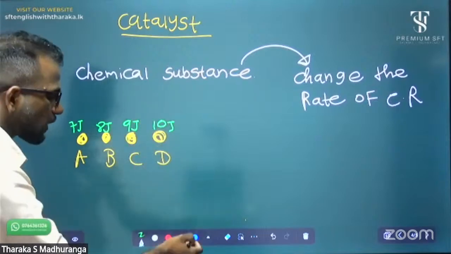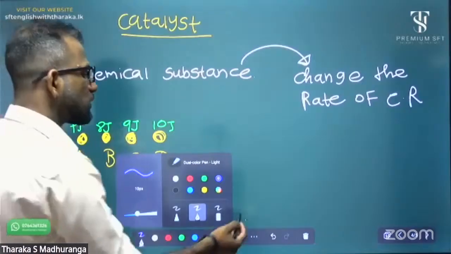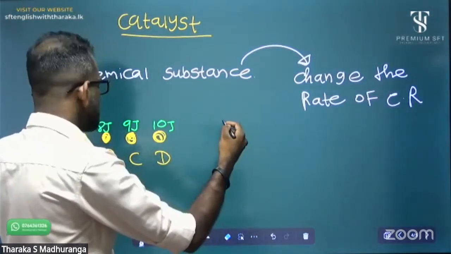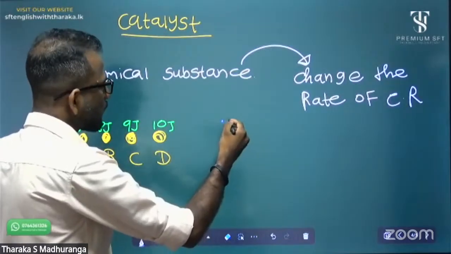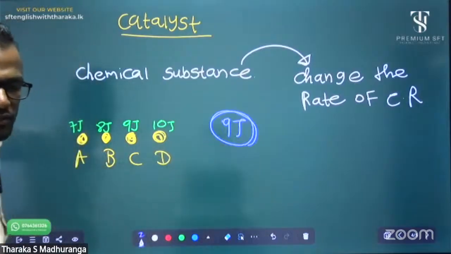Right? For this chemical reaction, the minimum energy requirement, that means the activation energy, is 9 joules.